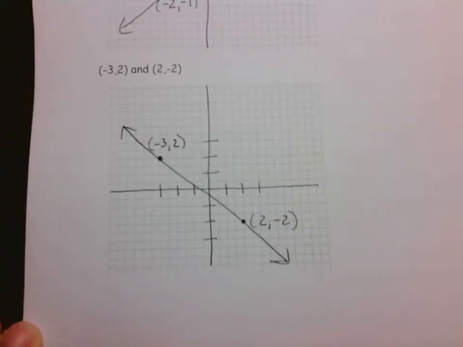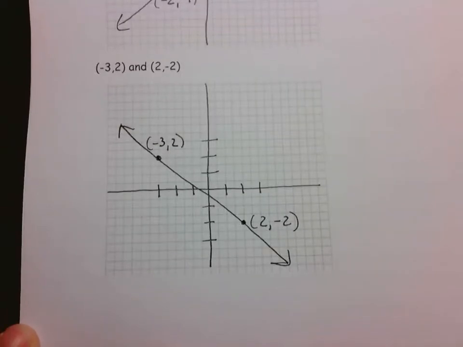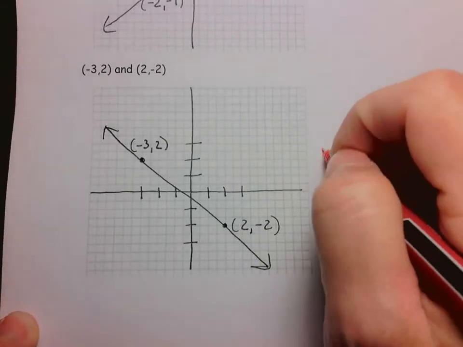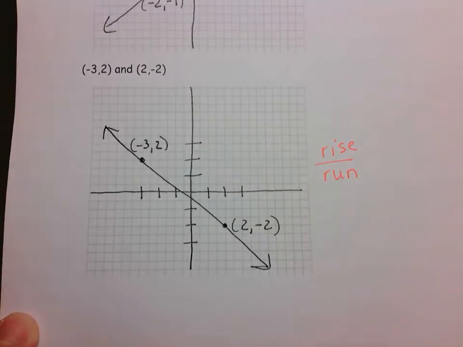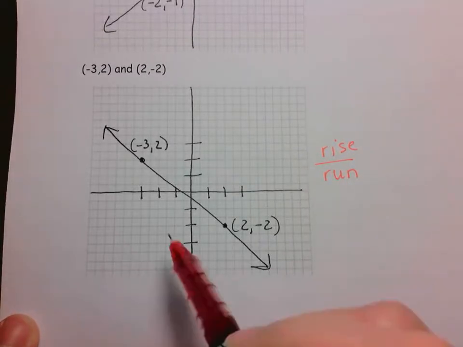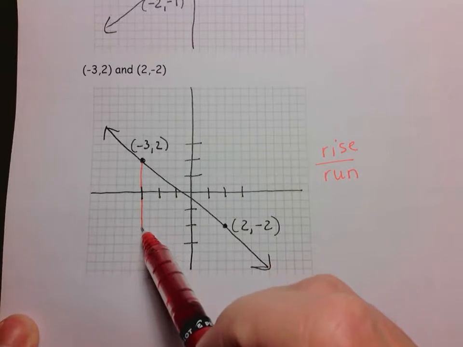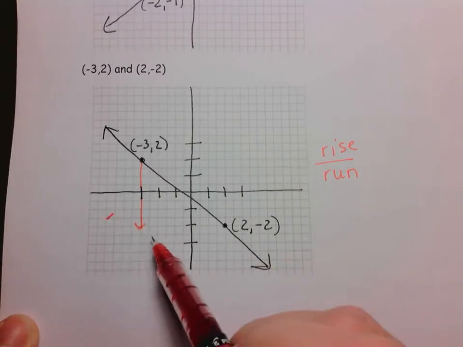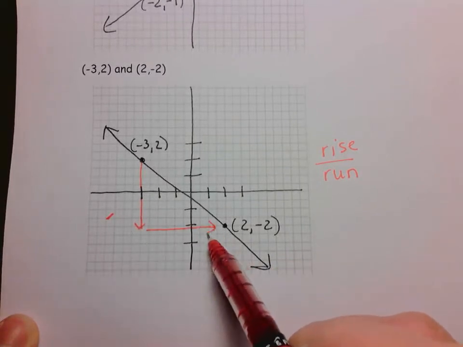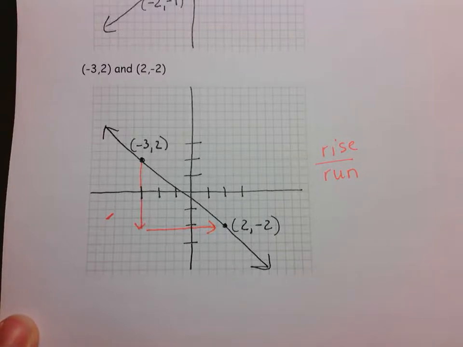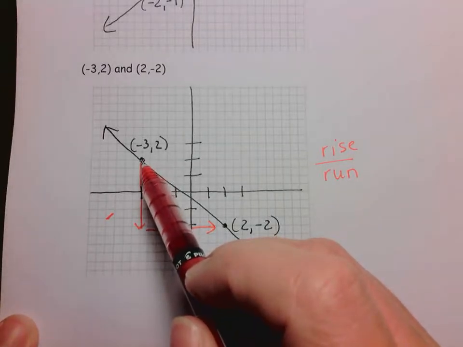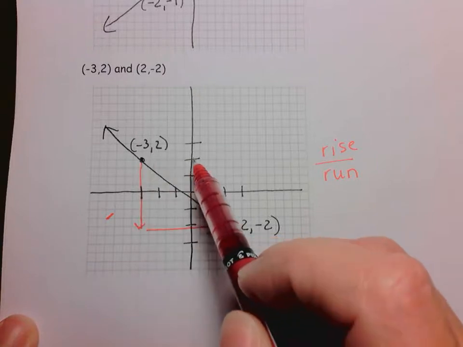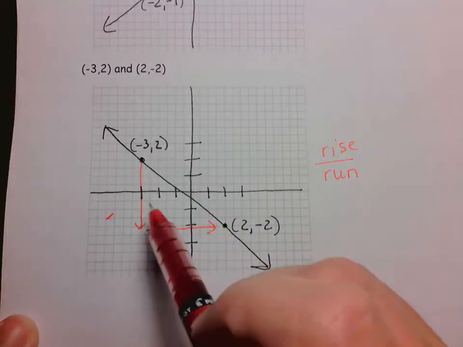Again, I want to move from my left point to my right point, and I want to rise, and then I want to run. Here I have a negative rise and a positive run. How many units did I go down? 1, 2, 3, 4.